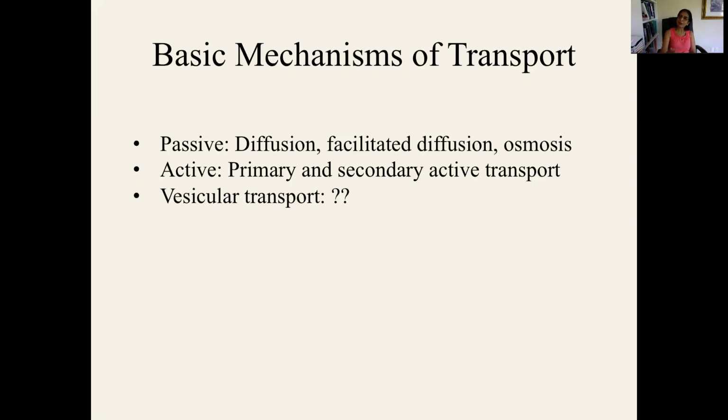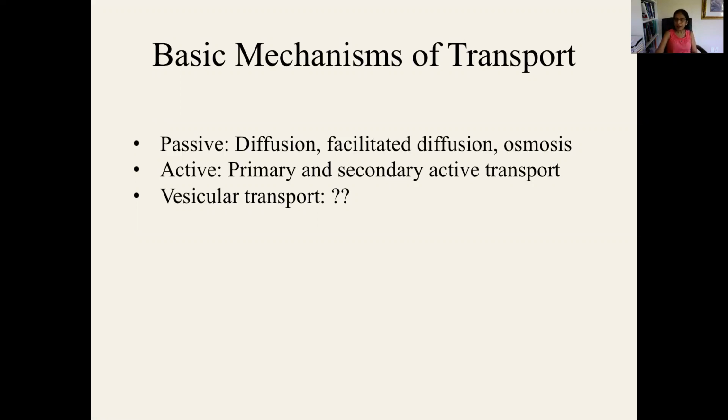So the concentration is already high and you're still moving more substance into that area. That's where it's like a pumping action, and the pump requires energy to work, and that's where you have to use ATP. Active transport is the main type of transport mechanism that depends on ATP.